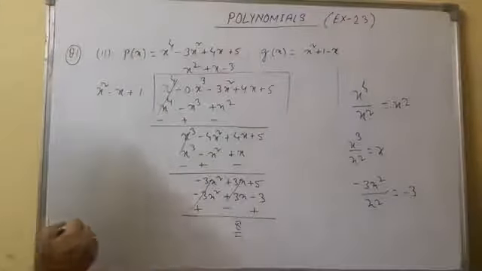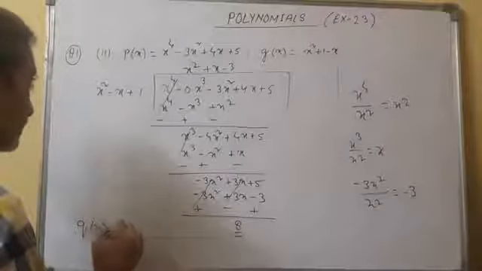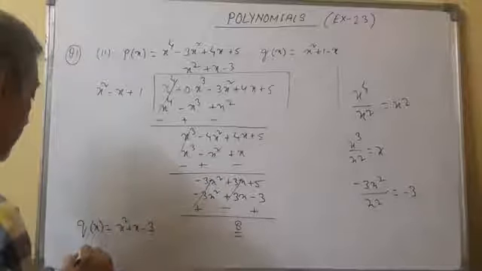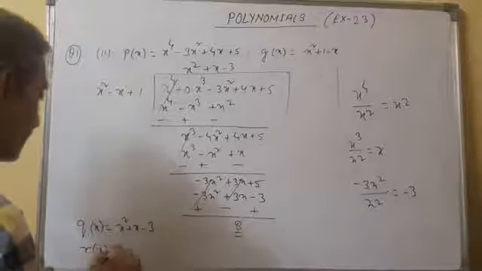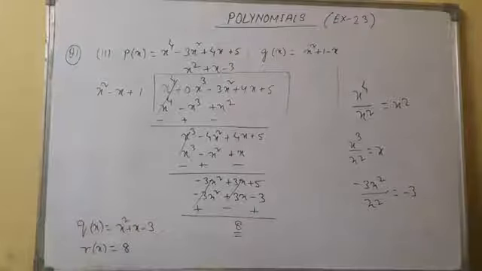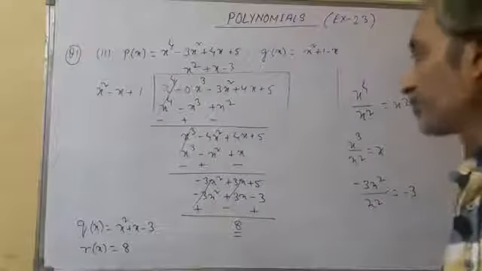So what is the quotient polynomial? Qx. Qx is x square plus x minus 3, and remainder polynomial Rx is 8. So just by using the long division method we have solved this question.